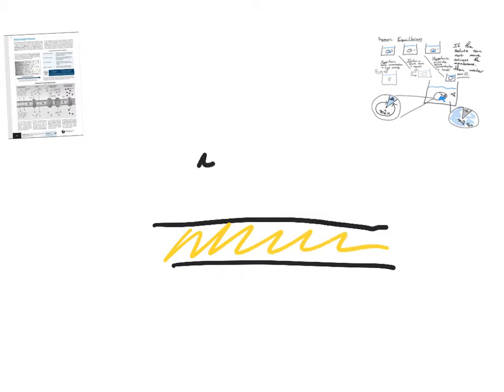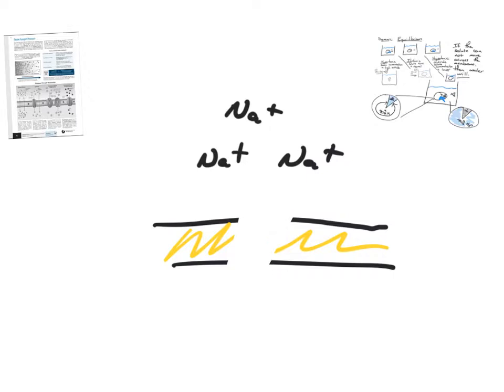I have sodium out here. It wants to get in. How am I going to get sodium in? It can't cross the membrane. Make a channel. So I can make a channel. This is one way. If I make a channel, there's going to be a protein in that channel.